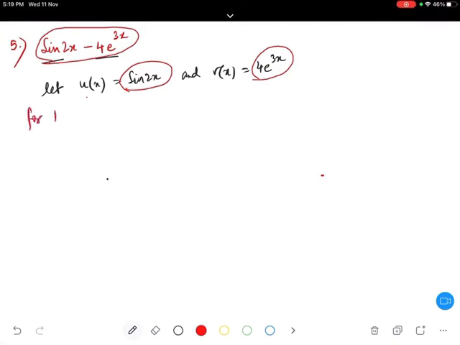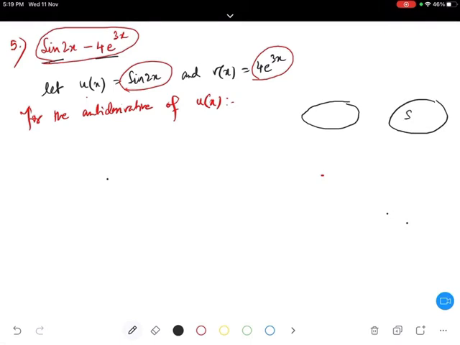Now write down the antiderivative of u(x). We will be trying to find the antiderivative of u(x). We have done this one today only. Think of what I should differentiate to get sin 2x. Come on guys, tell me, what function should I differentiate to get sin 2x? Simple as that. Differentiating which function gives sin x?